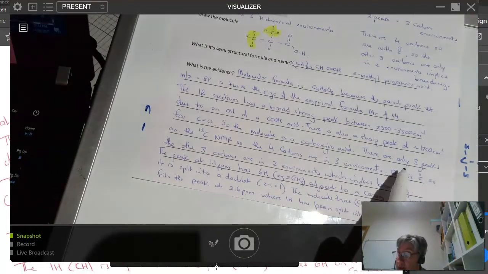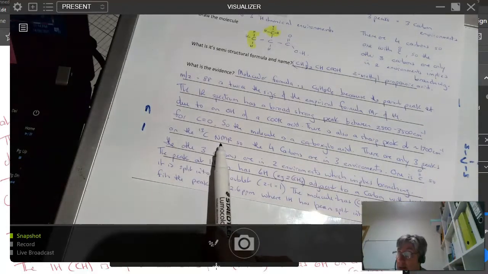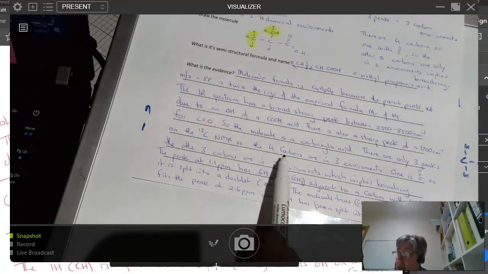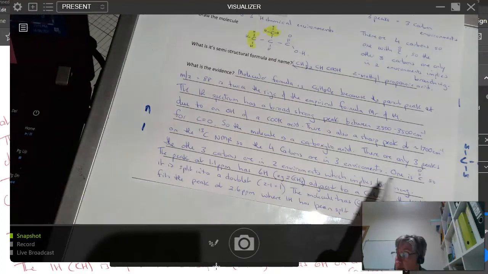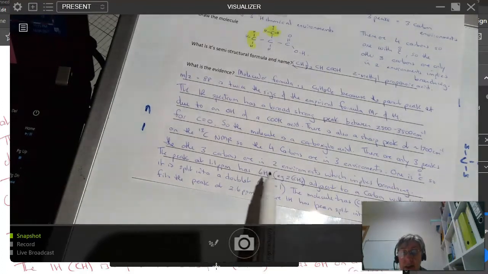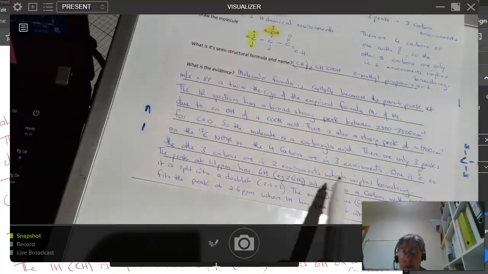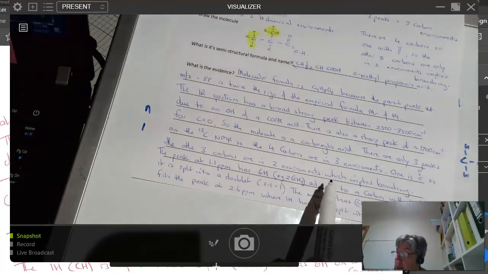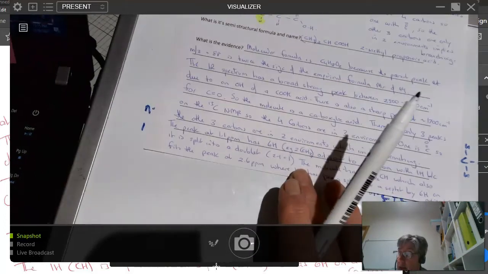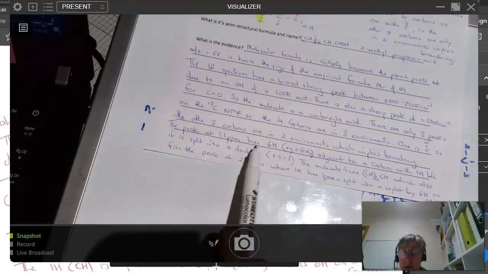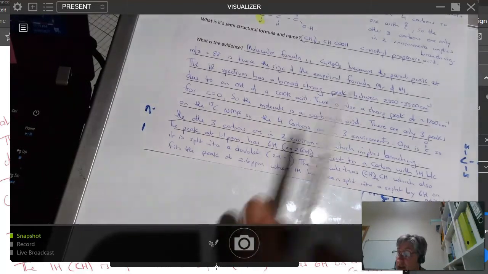There are only 3 peaks on the carbon NMR, so the 4 carbons are in 3 chemical environments. One is the carbonyl, so the other 3 are in 2 environments, which implies branching. So 2 of them have to be in the same environment. The peaks at 1.15 have 6 hydrogens.